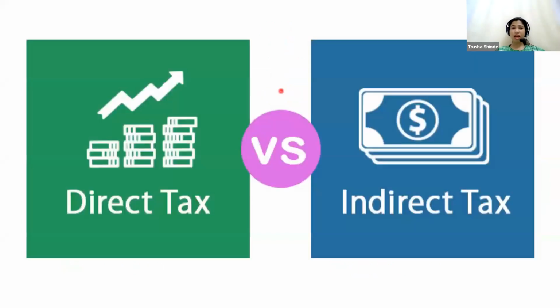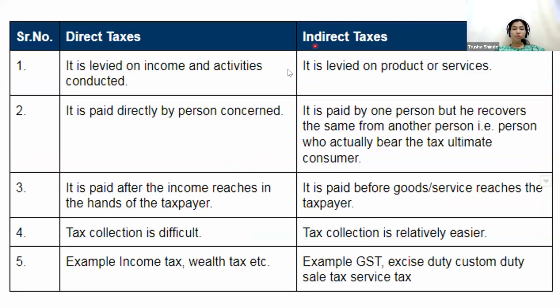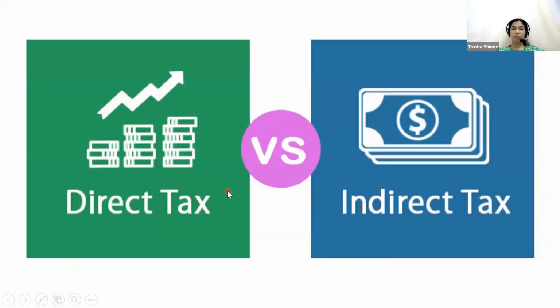Now let's understand what exactly the difference is between direct tax and indirect taxation. So, can you highlight, before I proceed further, any one point related to the difference between indirect taxation and direct taxation?